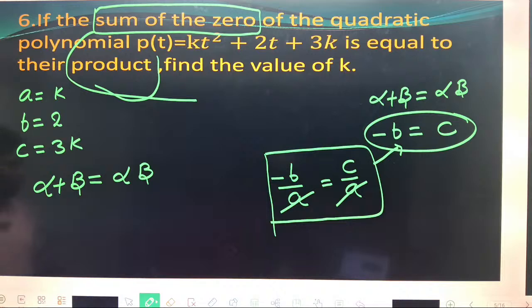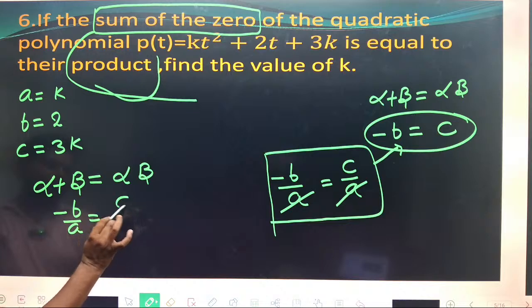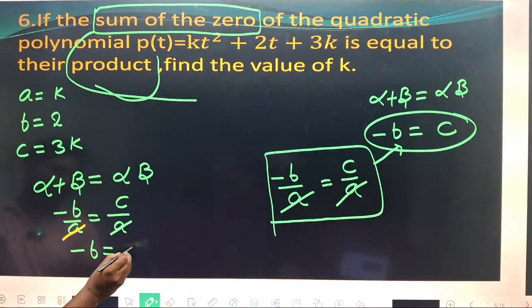Sum of zeros is equal to minus b by a and product of zeros is c by a. On both sides the denominator is the same, so cancel it out. Minus b equals c.